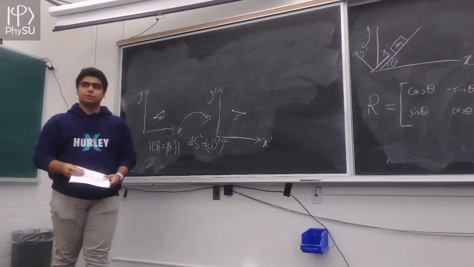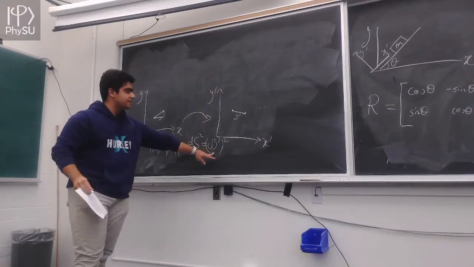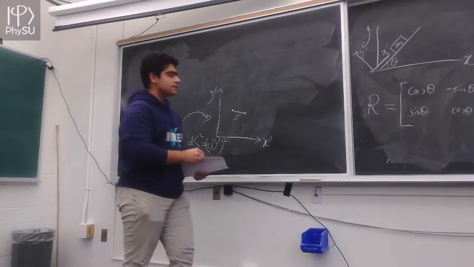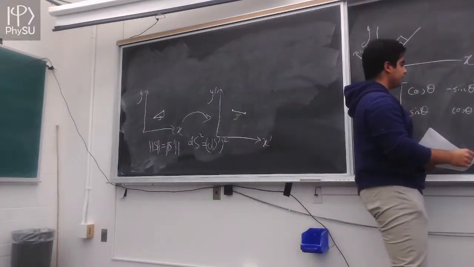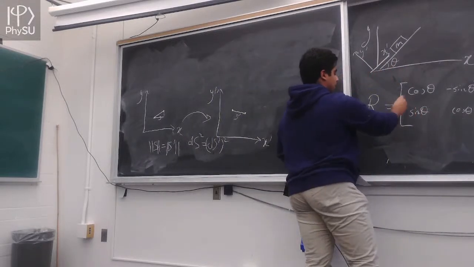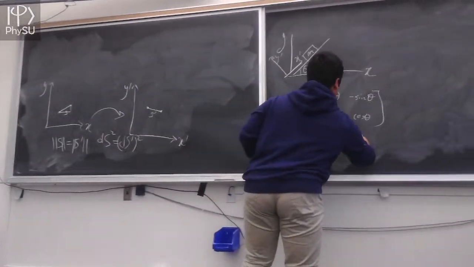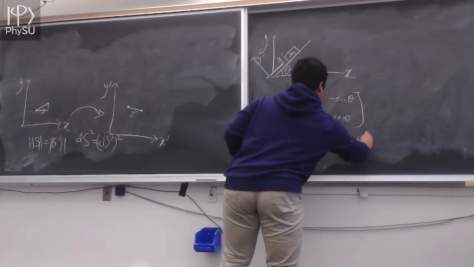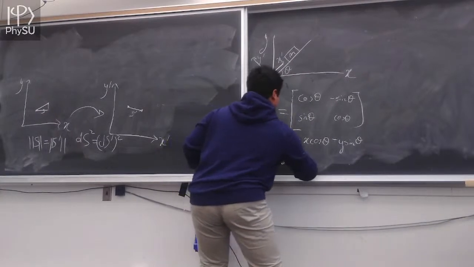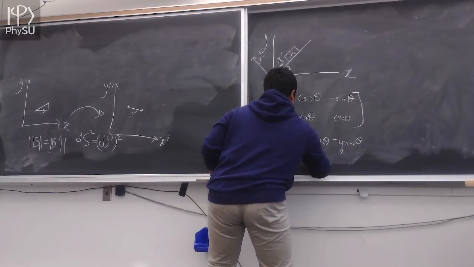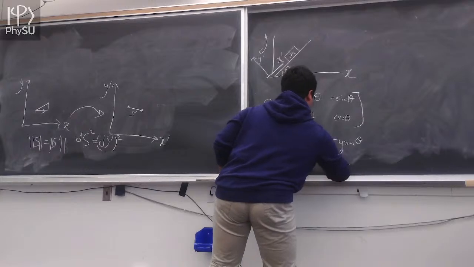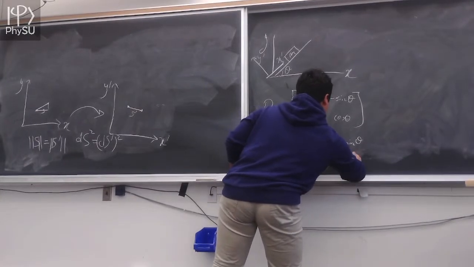Now what you would do is, instead of saying ds prime, substitute in the transformation that you get from this. So you get x prime equals x cosine theta minus y sine theta, and y prime equals x sine theta plus y cosine theta.